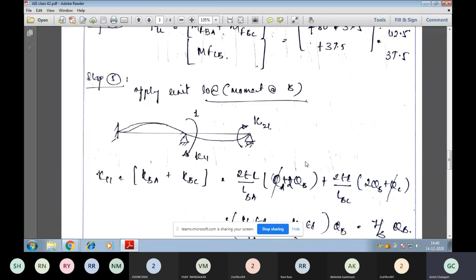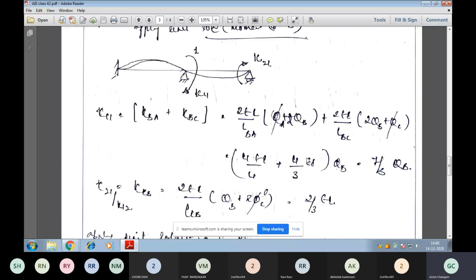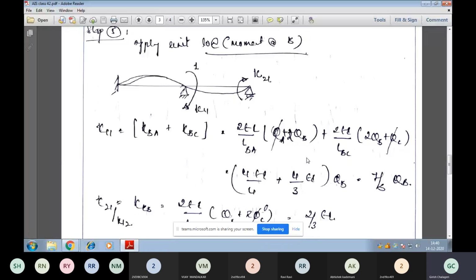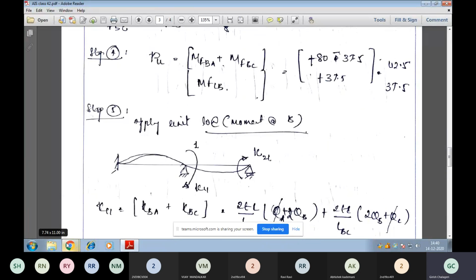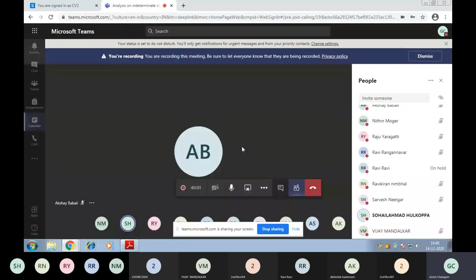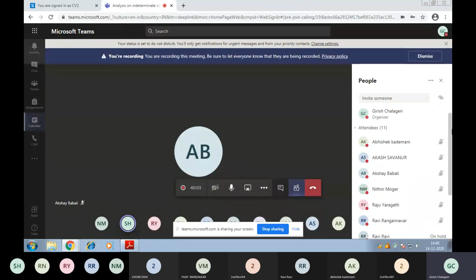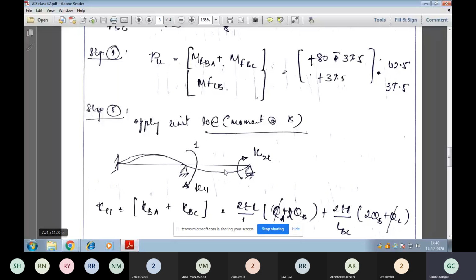Then we apply unit movement at each coordinate in the same direction as those which have been removed. So theta B, we have taken clockwise. Similarly, we have taken theta C as clockwise. Then we find the stiffness of individual members, and we find the final moments.